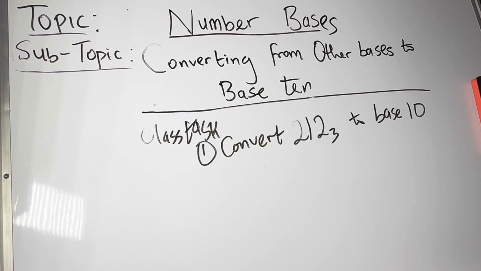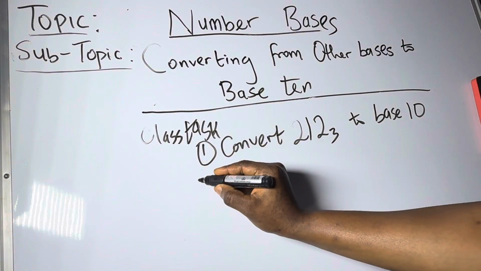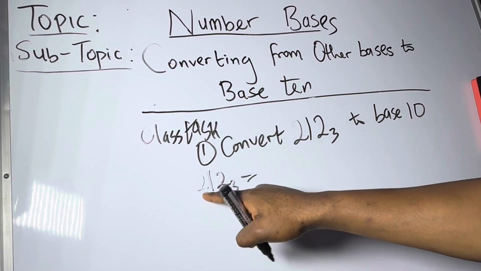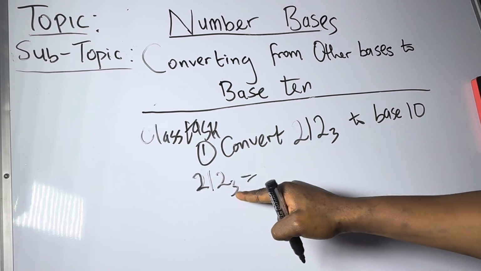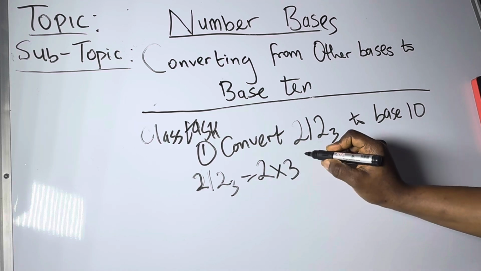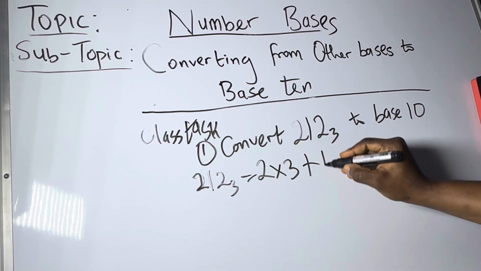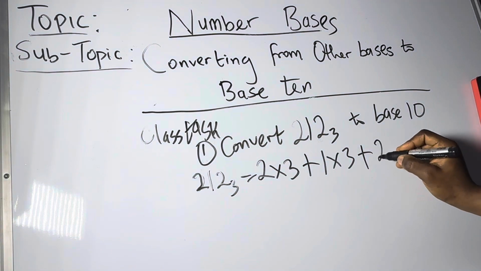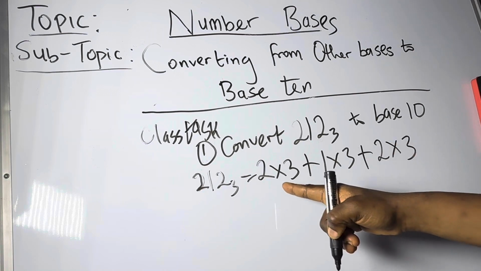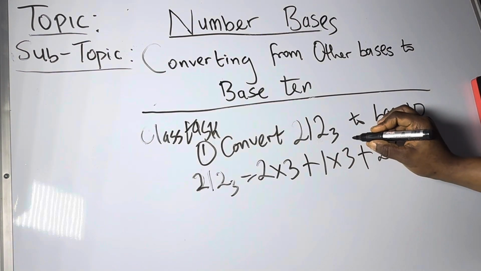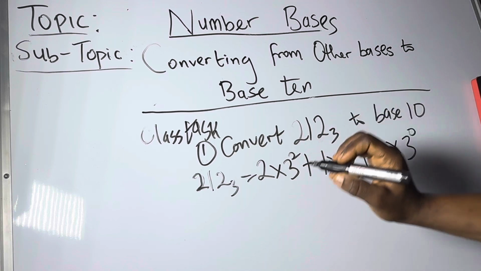10. Now let's solve the correction. 212 in base 3 equals, I'm going to be expanding each number by multiplying it by the base, which is 3. So that means 2 times 3 plus 1 multiplied by 3 plus 2 multiplied by 3. This is step 1. Step 2 is raising the powers starting with 0. This is 0, followed by 1, then 2.